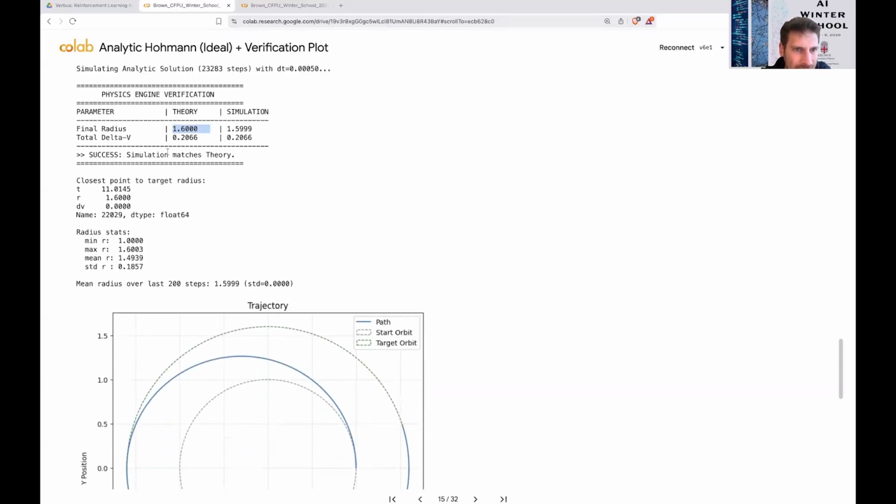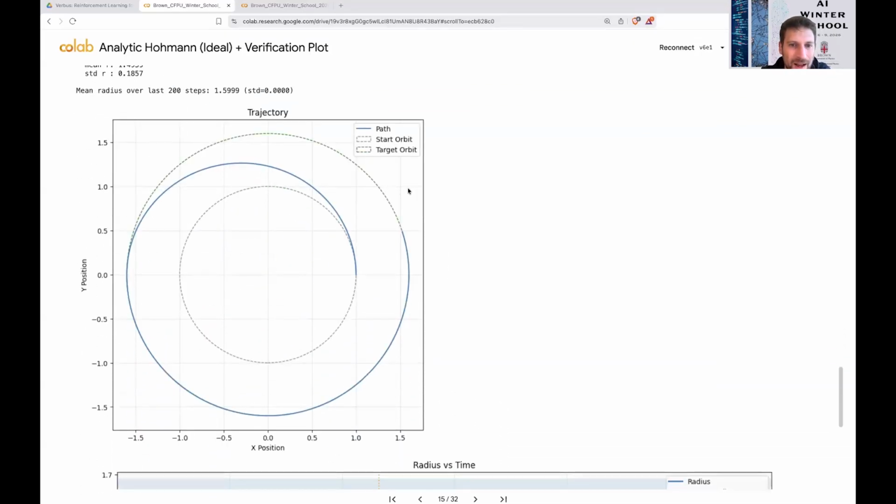And it does. Simulation matches theory here.